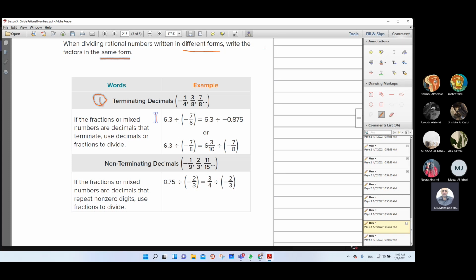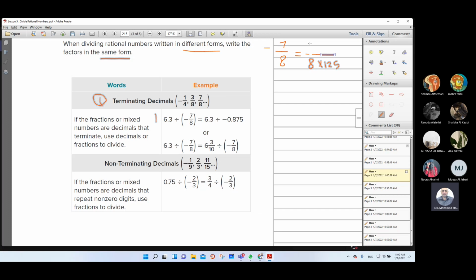How to change this fraction to the decimal? We can divide numerator by denominator, and we can look for a number multiplied by 8 equals a power of ten. So we know this number. As you remember, 8 times 125 equal 1000.